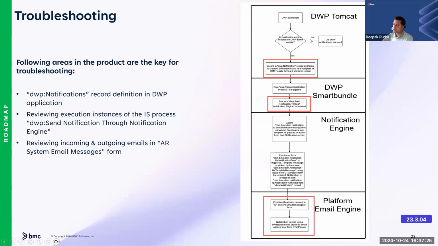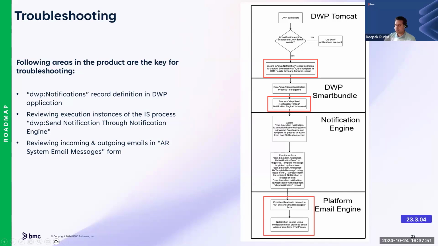So it first checks whether the new notification engine is enabled, yes or no. If yes, then it pushes an entry into DWP notifications record definition. Then a rule is triggered. The rule is on create, on modify, on update of that DWP notification, which triggers an Innovation Suite process. And that's the process I've been showing you all in the previous slide.